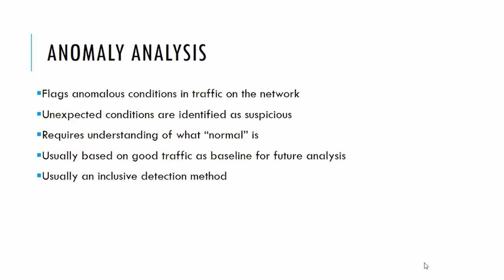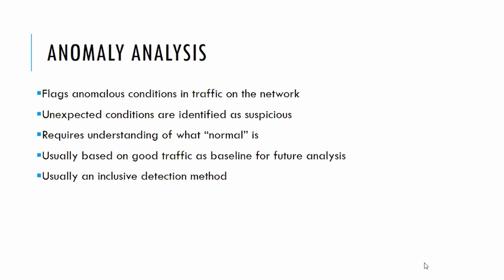It is usually based on good traffic as a baseline for future analysis. This anomaly analysis depends on targeting the network and observing it for some time when we are sure that this traffic is good traffic, running at good times of the network over a certain period of time. Then we set this as the baseline. Usually an inclusive detection method.